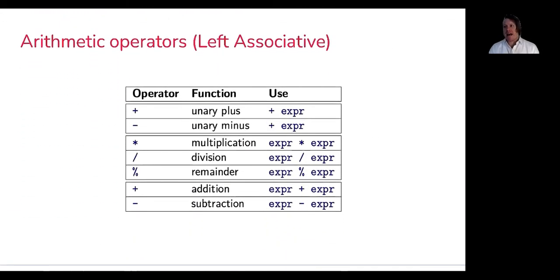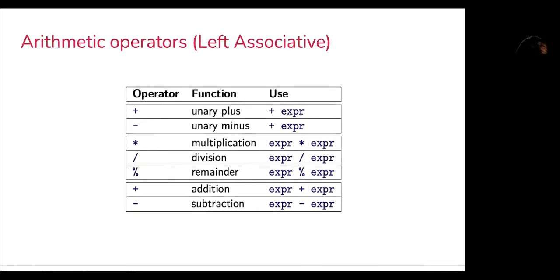So let's go ahead and just look at the arithmetic operators and their precedence, and then also remind you that they're left associative. So this is going to go from low to high precedence. We'll see here that the unary plus and unary minus are going to be of the highest precedence for the arithmetic operators. And they're grouped together, so they have the same level.